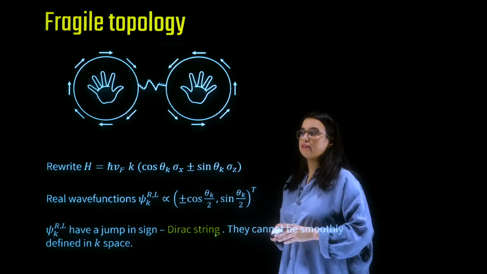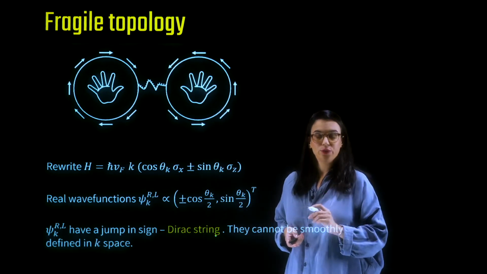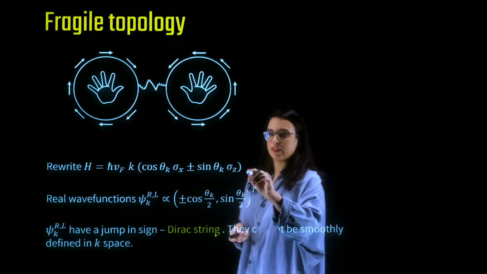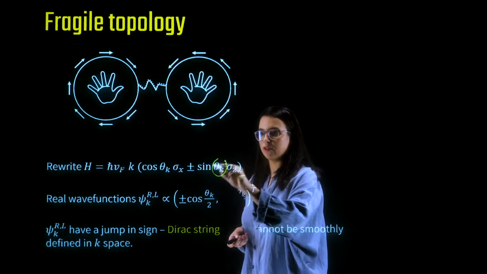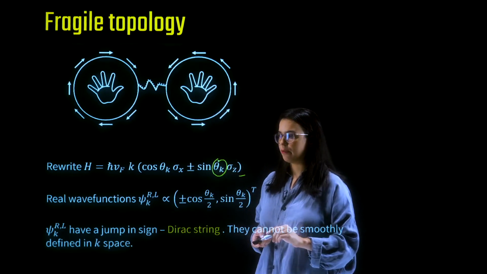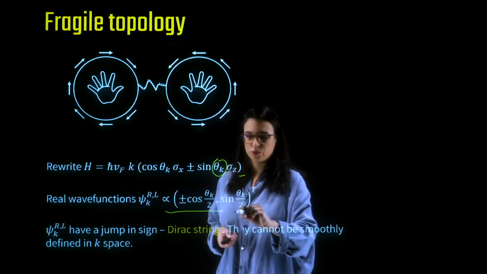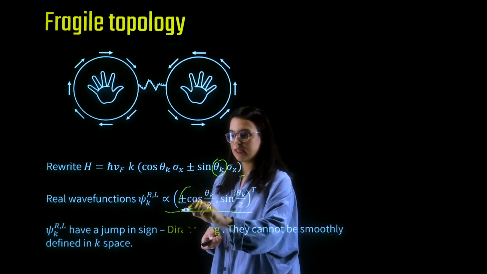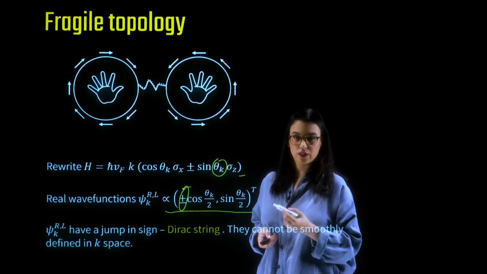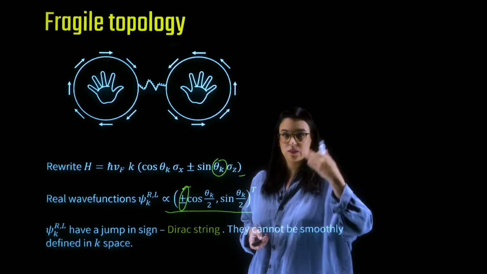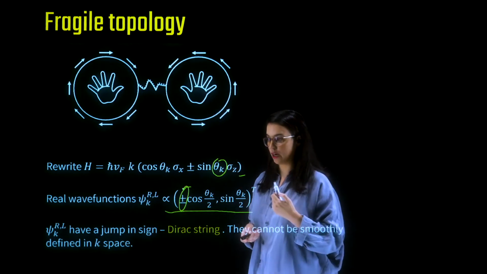So when we write the Hamiltonian in the real gauge, which we can parameterize by an angle that depends on momentum, we will have wave functions written in this form with a sign here in the first entry that tells you what is the winding or what is the chirality of the Dirac point.